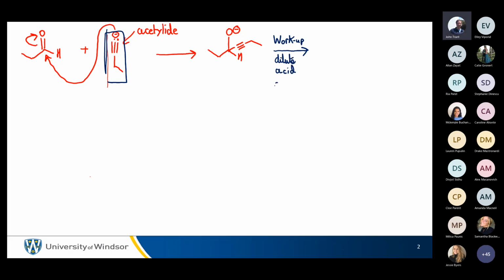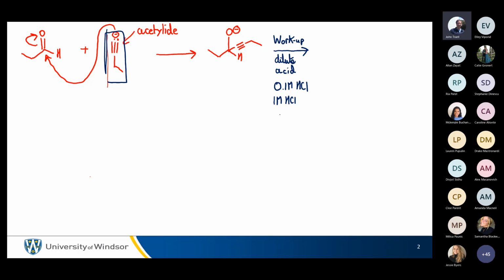What does that mean? It might be 0.1 molar hydrogen chloride, might be 1 molar hydrogen chloride, whatever. Might be saturated ammonium chloride. There are a lot of different dilute acids we can use. It could even just be water, but normally we want a little bit of acid.